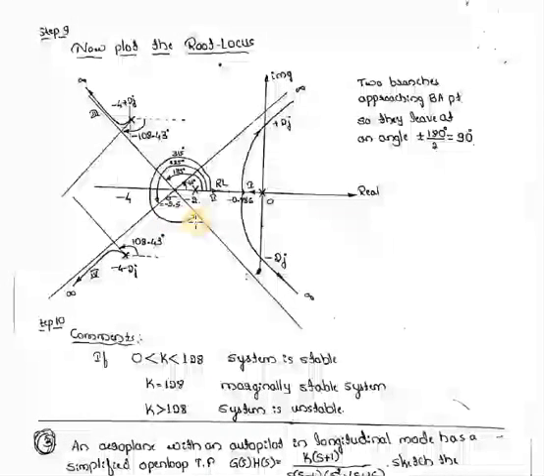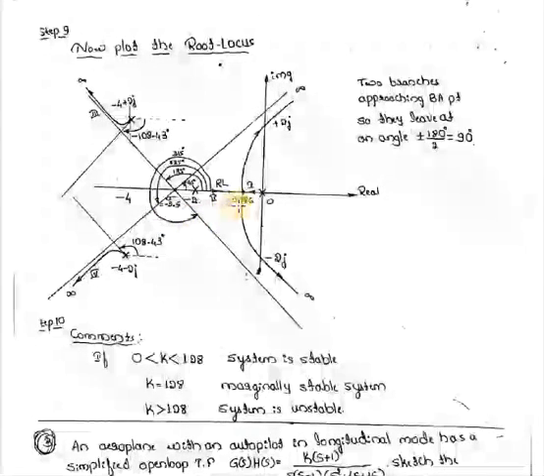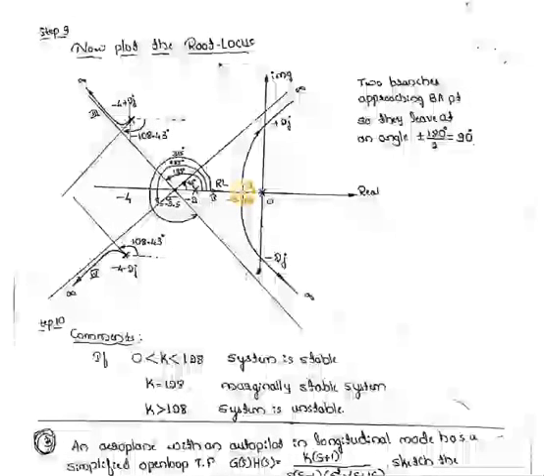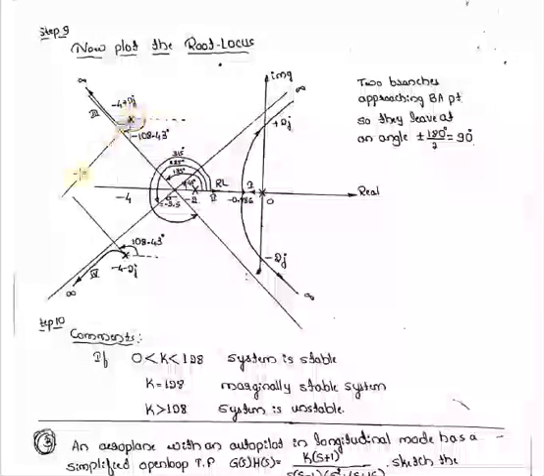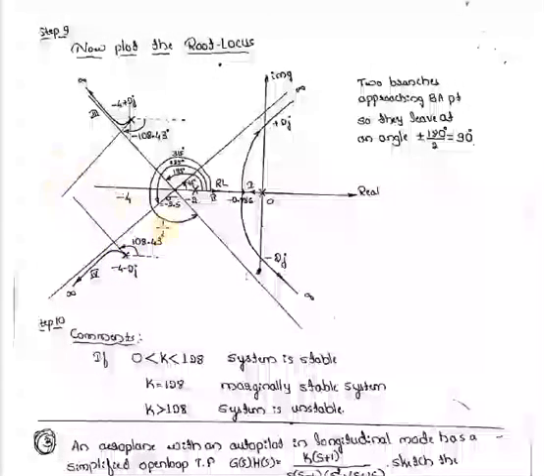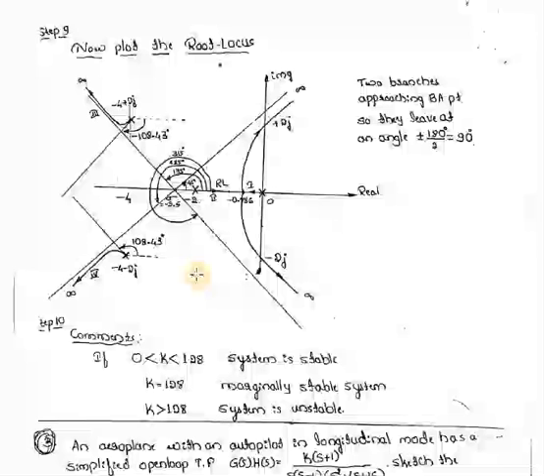After that you have to mark the breakaway point. The valid breakaway point is minus 0.786. After that you need to mark this angle of departure. For this one it is minus 108 degree, and for this one it is plus 108.43 degree.